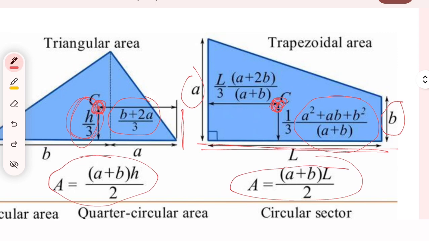So you need to memorize that formula to locate the centroid of a trapezoid. It has this very long formula. If you want to base it from this side, to compute this distance, this is the formula. You need to memorize that formula as well. All right.